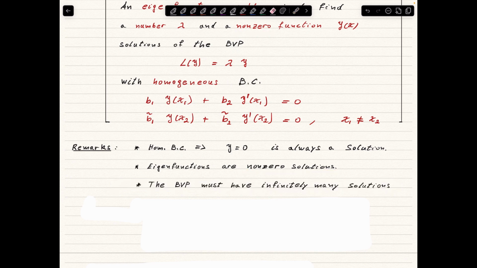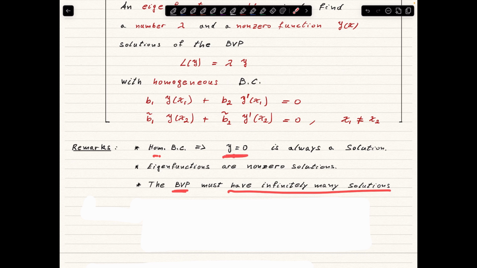So in order to have eigenfunctions, the boundary value problem we are working with must have infinitely many solutions, because boundary value problems have either a unique solution, infinitely many solutions, or no solution at all. Here we have a boundary value problem that always has the solution 0.